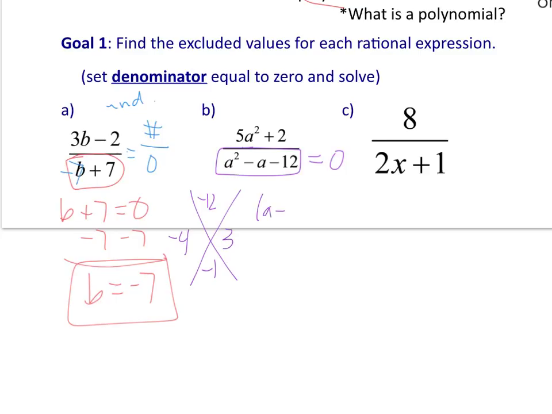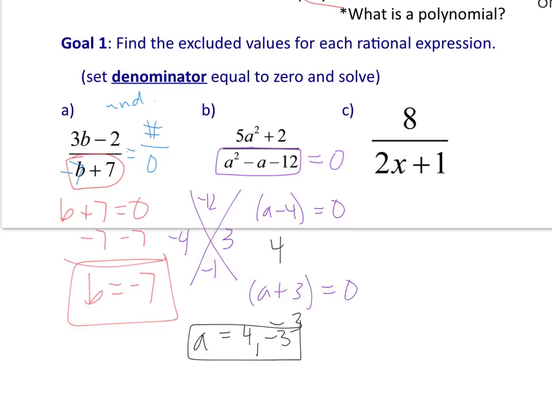So then I would set a minus 4 equal to 0, and I would set a plus 3 equal to 0, and I end up getting 4 for one of my excluded values and negative 3 for the other. And here, both of these values are our solutions, because if I were to plug them both back in for the denominator, I would get a result of 0.